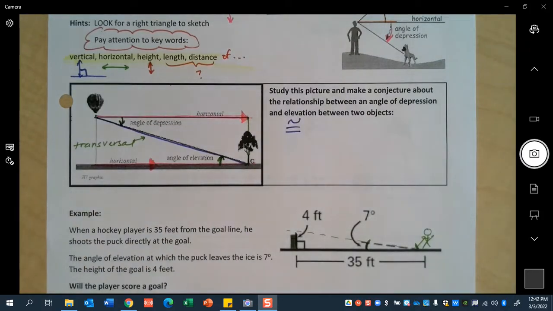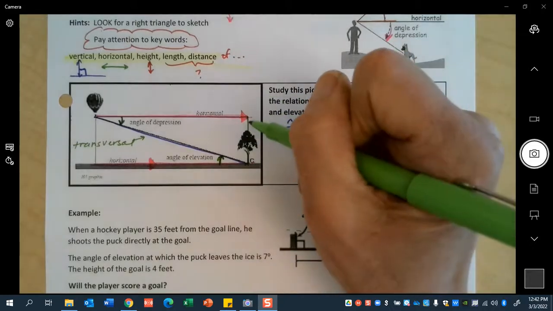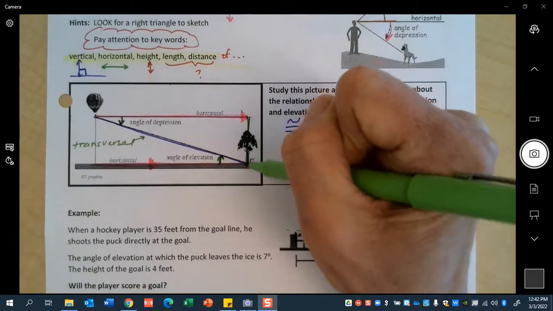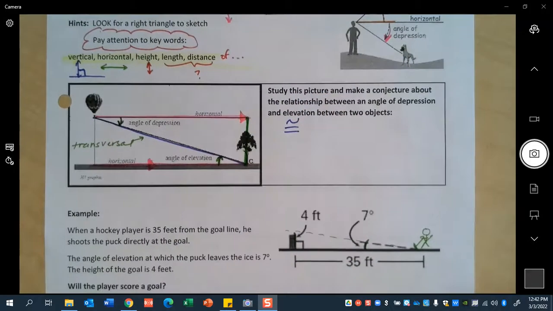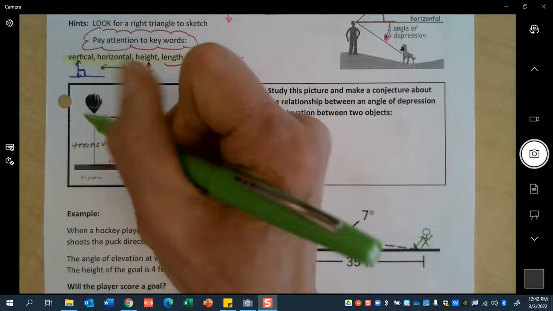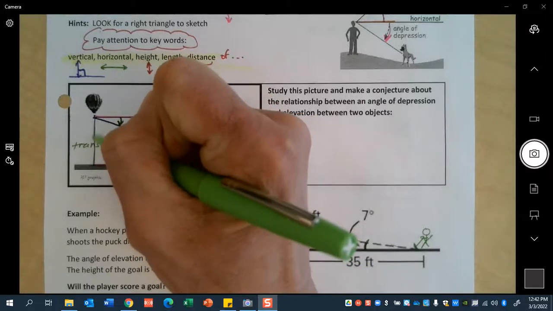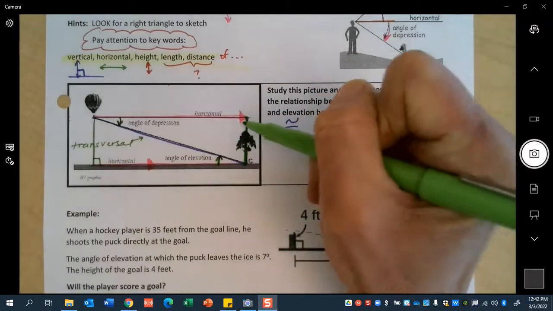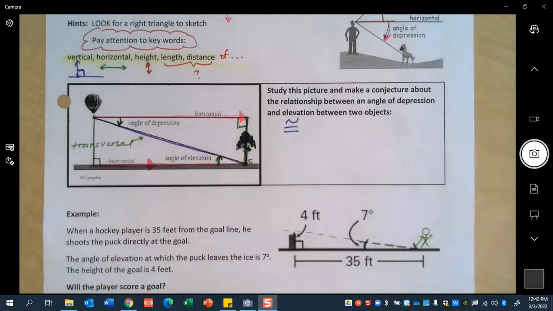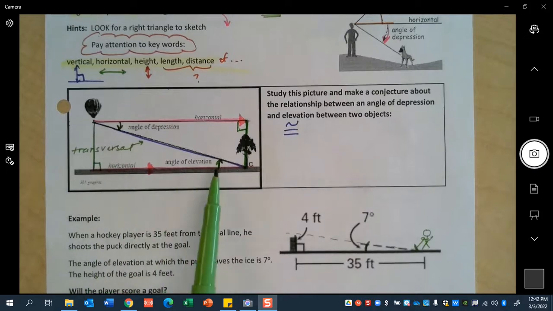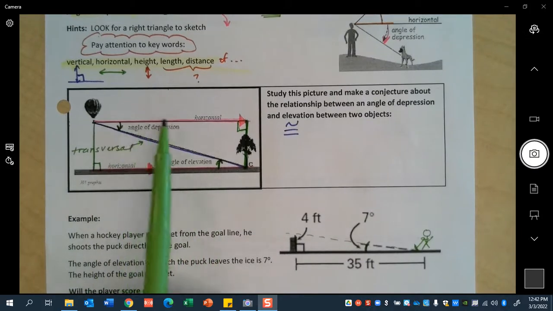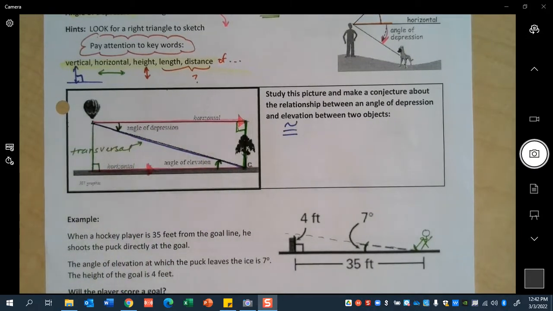So the interesting thing is when I go to draw my triangles, we want to make sure that we understand that you've got two options of triangles that are right. Whether you are talking about this triangle here with this angle of elevation, or this triangle here with this angle of depression, those are going to be two congruent triangles.